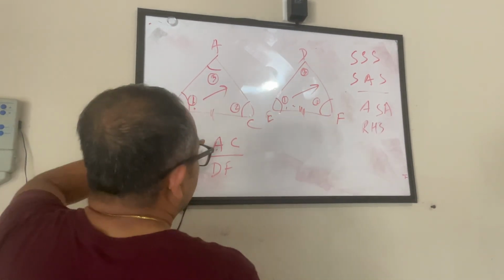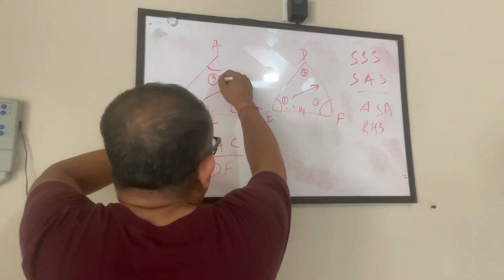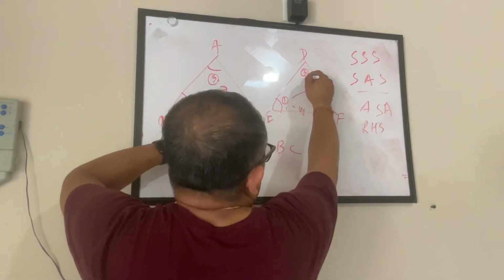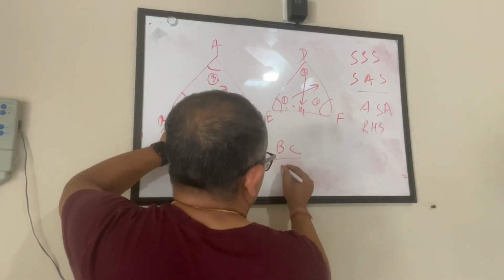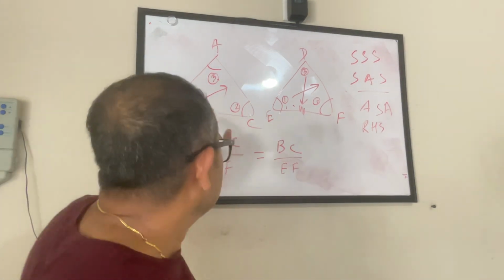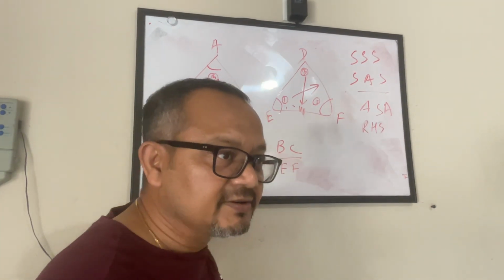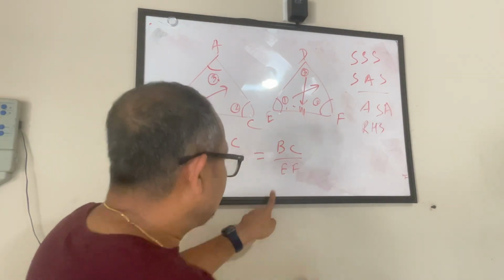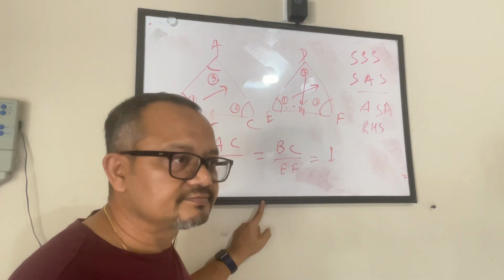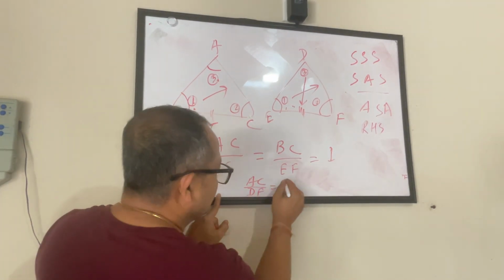AC by DF is the same proportion as the second one. Now this side is opposite to 3. So BC, 3 is here, opposite to this is EF. Now we already know that this side and this side are same. That is given to us. That means BC by EF will be equal to 1. That means AC by DF will be equal to 1.